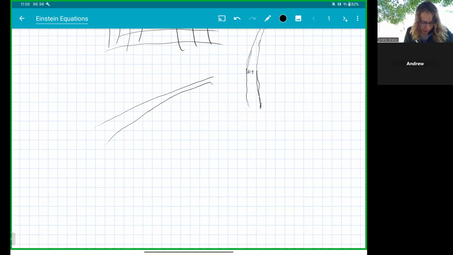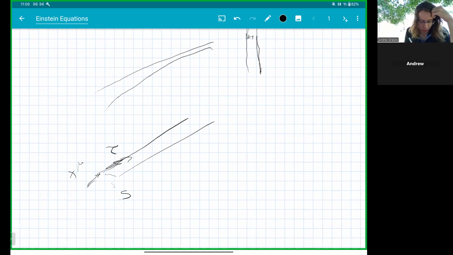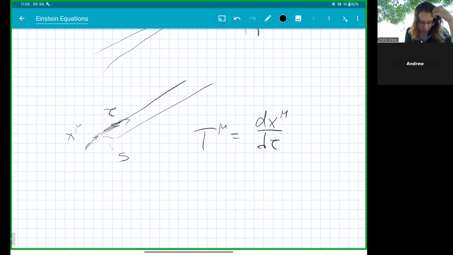If you have a family of geodesics parameterized by parameter s, say vector x mu, the family is parameterized by parameter s, each geodesic is parameterized by parameter tau, its proper time. I've introduced two vectors, t mu, which is a tangent vector, and a vector measuring the distance between geodesics.